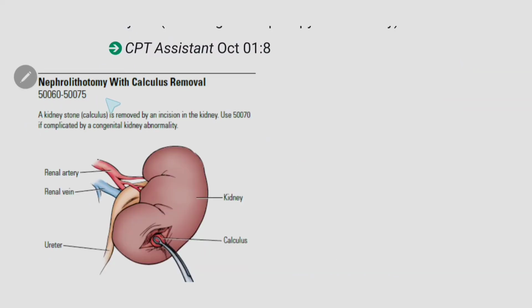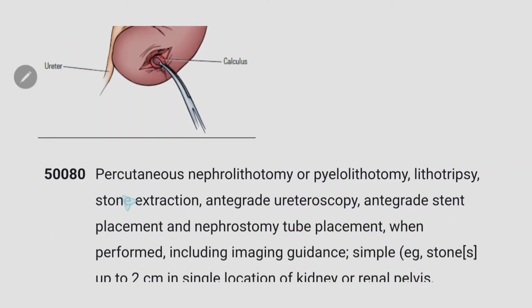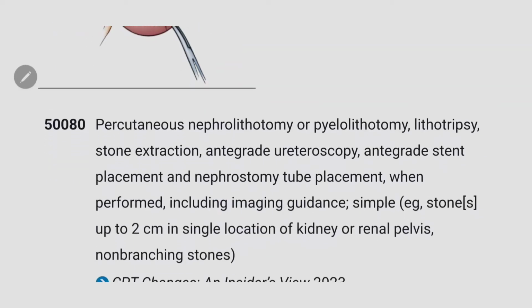Next is nephrolithotomy with calculus removal. Under this, the important code is 50080, which is for percutaneous nephrolithotomy or pyelolithotomy, lithotripsy, stone extraction, antegrade ureteroscopy, antegrade stent placement and nephrostomy tube placement when performed, including imaging guidance.